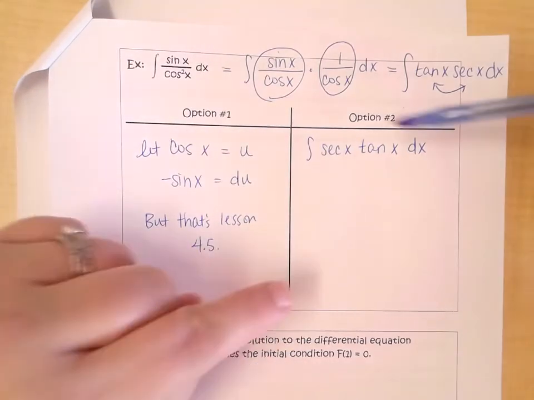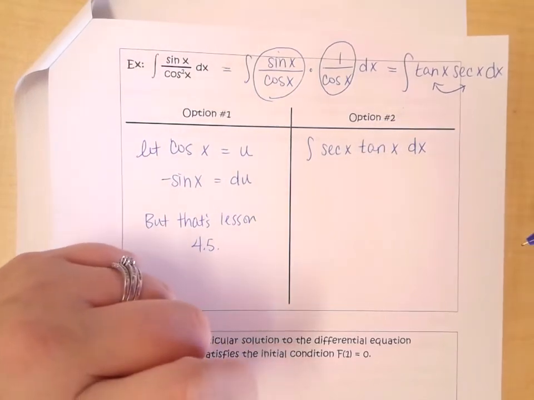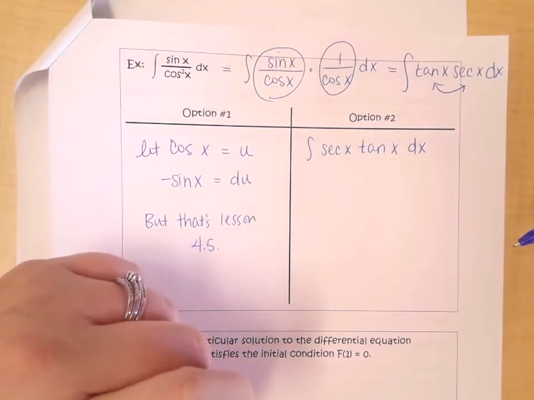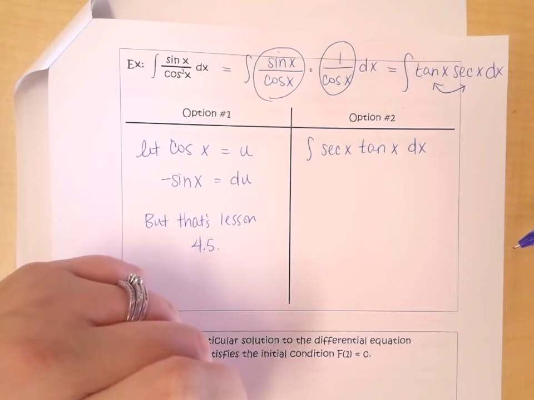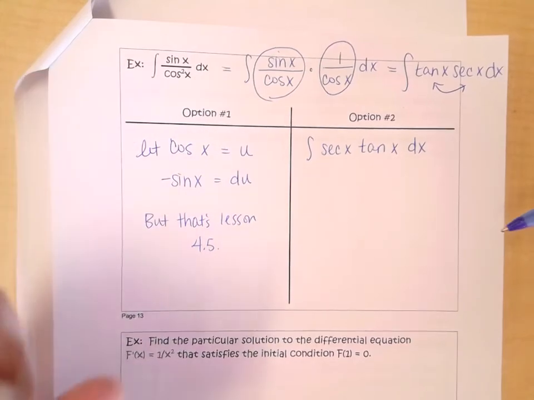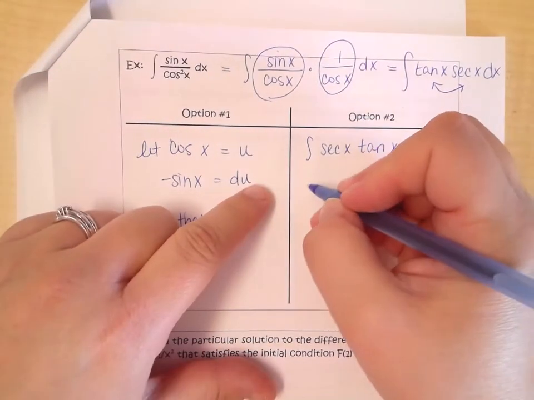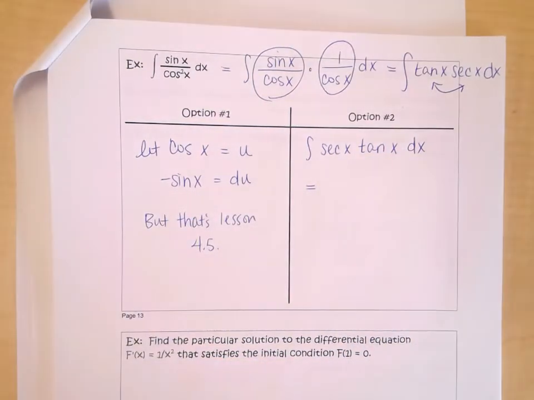Whose derivative, when I ask you, will you tell me secant x, tan x? The derivative of blah is secant x, tan x. Secant squared x? You gave me another formula's derivative.